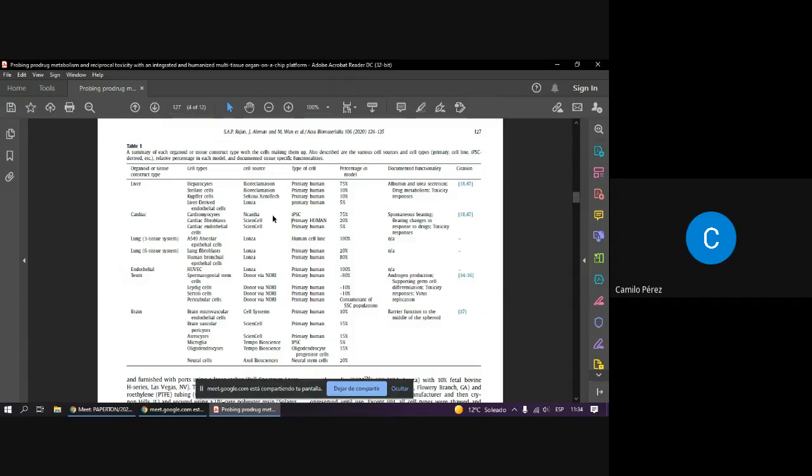For example, you can see the organ on chip for liver, cardiac, lung, endothelium and brain, but they use mainly the liver and cardiac organs.